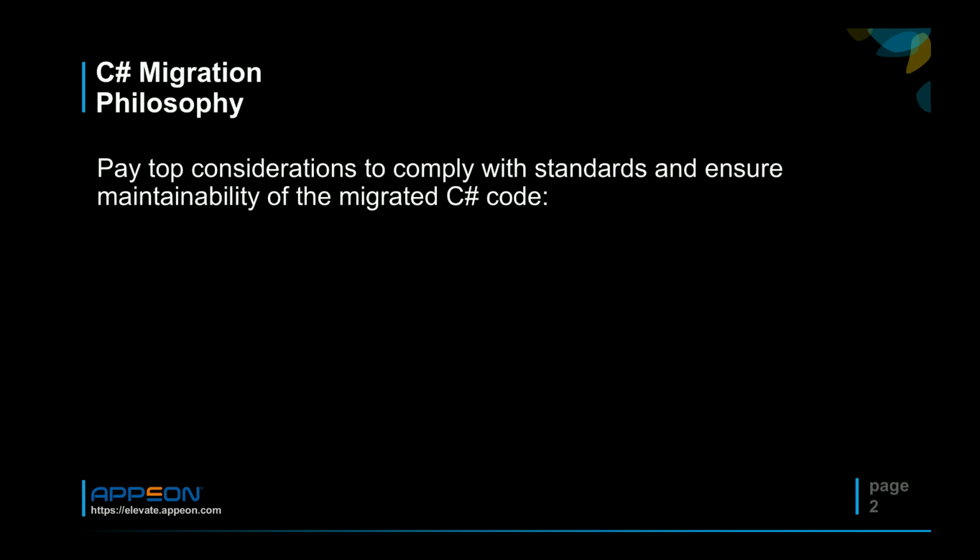It's fine and dandy if someone can migrate you overnight, but if the result is garbage, what's the point? So we're accelerating as much as possible without compromising standards or maintainability.